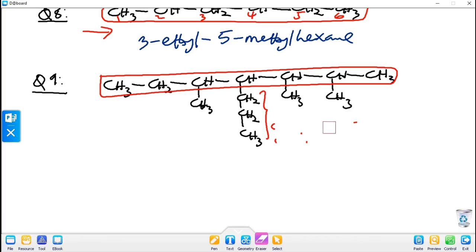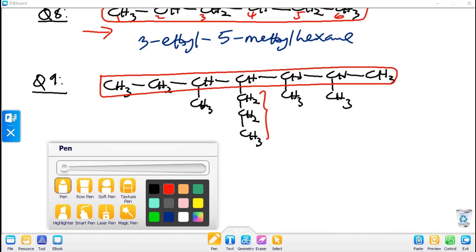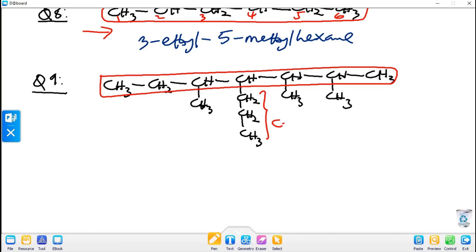So this is propyl. This is just to make us understand that that is propyl. In case this is the right one to use, this is C3H7. That's propyl. But I think this is the first time we are meeting something like this. So if the straight chain is our parent chain, then it means we have 3 methyls and 1 propyl.